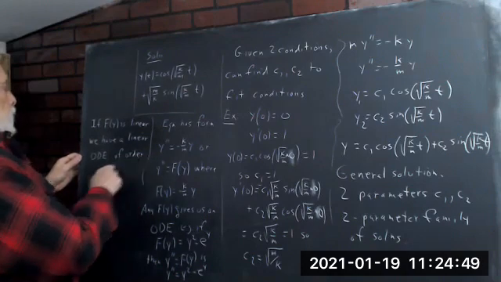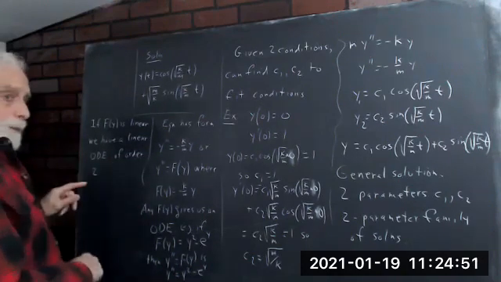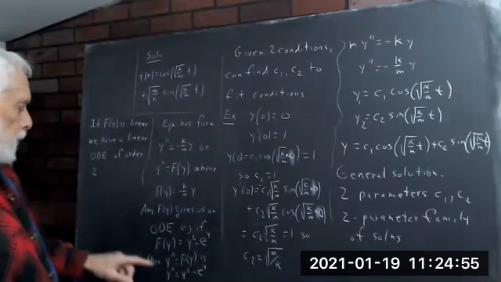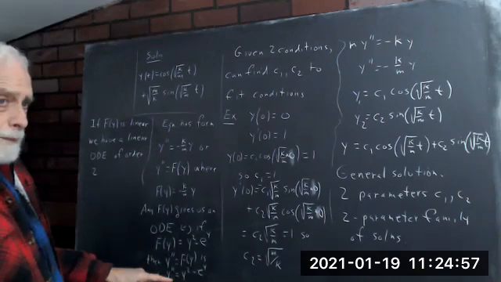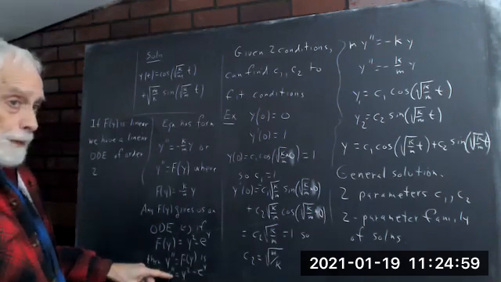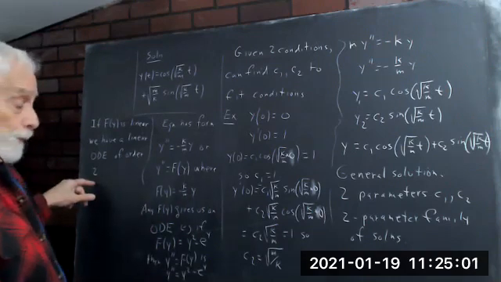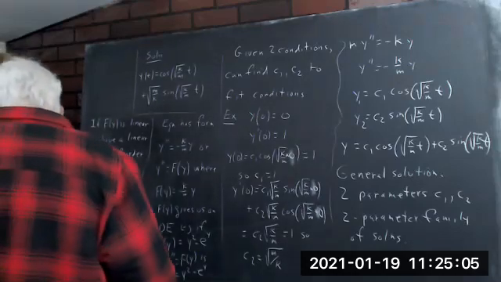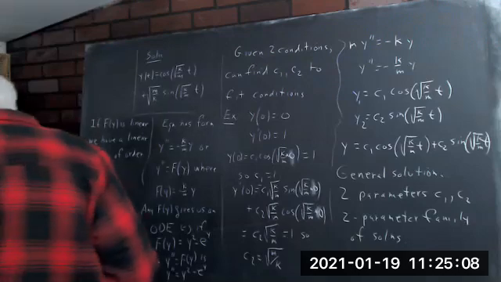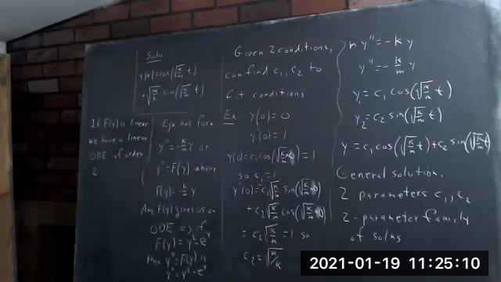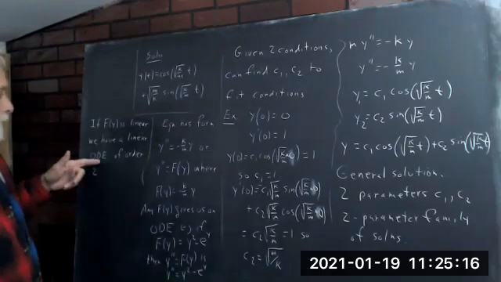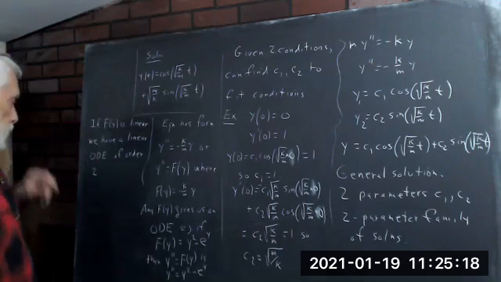And it has order 2 because the order of the equation is determined by the highest derivative. You have a second derivative, that makes it order 2. So f of y is linear. We have a linear ordinary differential equation of order 2.